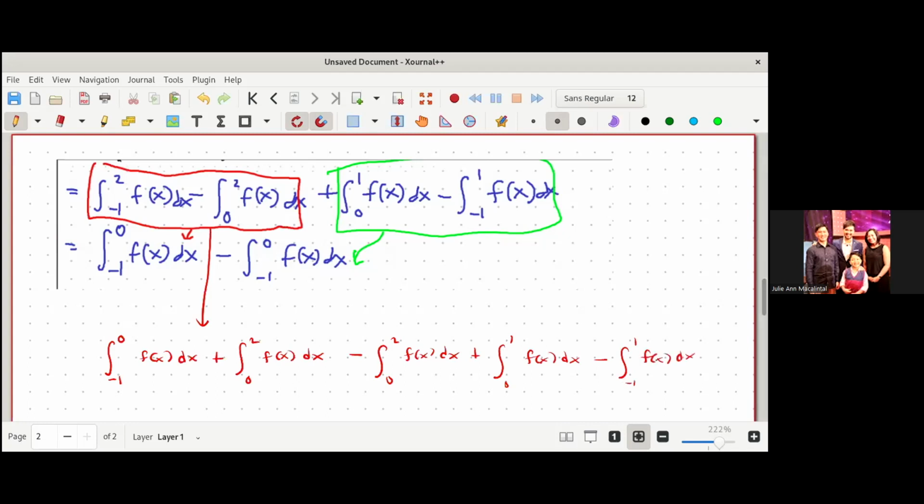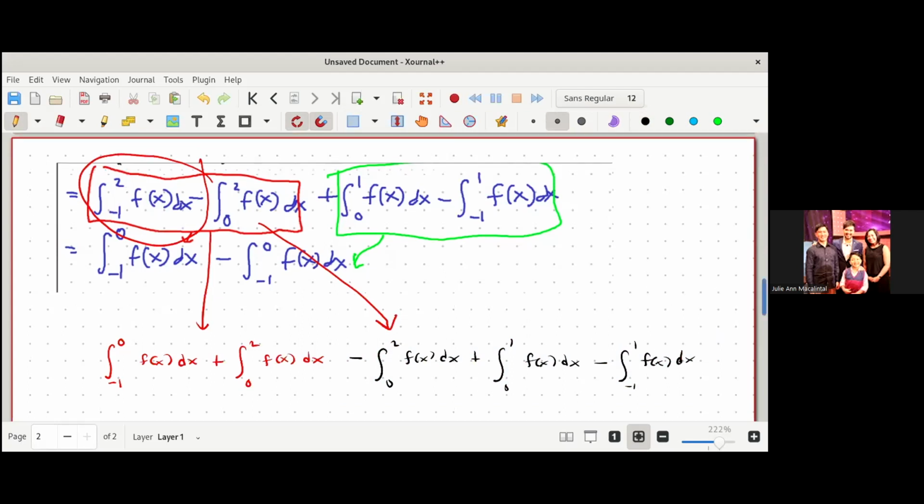So ito yung buong ito, everything here. Kaya iwan ko in black yung hindi ko ginamitan ng theorem. So left as is ito. Consider this part, ito stays as is.